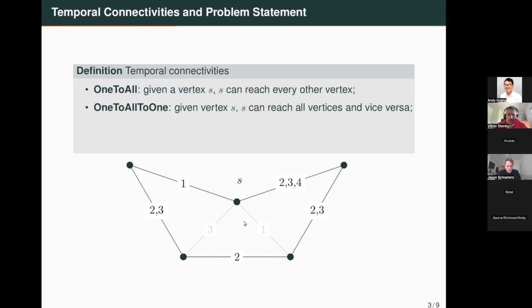And this is another example of a one-to-all-to-one spanner. Note that the underlying structure of this spanner is not a tree anymore, even though I claim it is minimal. So S can still reach everyone by going 1, 2, and on the other side 2, 3, and all the other vertices can reach S by going 2, 3, 4, and the last one can just reach it directly.